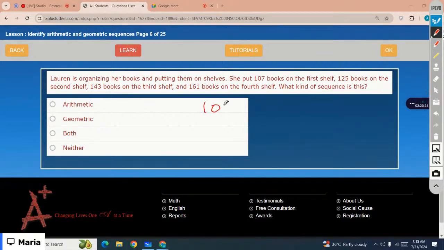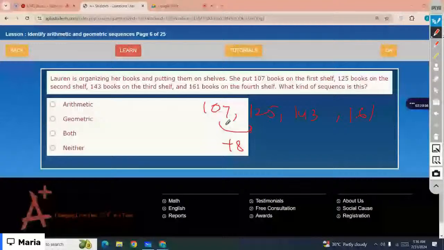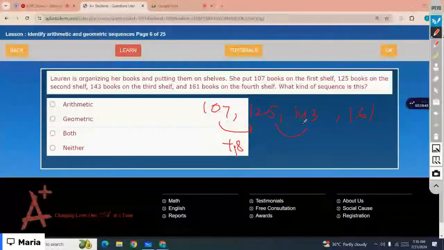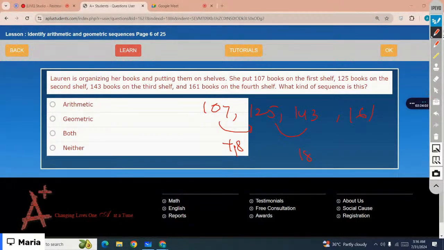So the numbers are 107, 125, 143, and 161. 107 plus 18 is 125, and 125 plus 18 is 143. Hold on, let me just check. Yes, you are adding 18 every time, so that is an arithmetic sequence. The correct option is arithmetic.